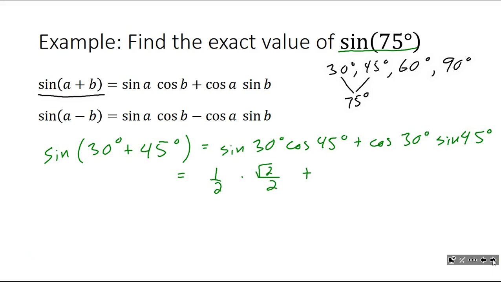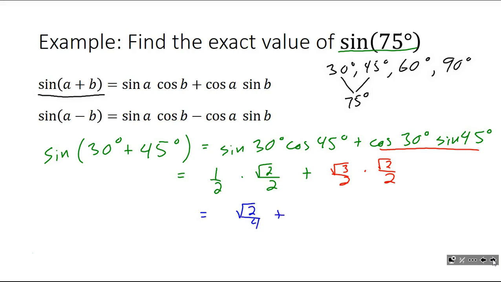All right, then we have our plus sign, and now we're going to do the second half of the formula. The cosine of 30 degrees is the square root of 3 over 2. That's times the sine of 45, which is square root of 2 over 2. So let's see what this will give us. The first fraction, when multiplied, gives the square root of 2 over 4.